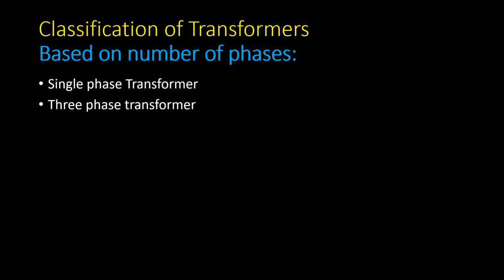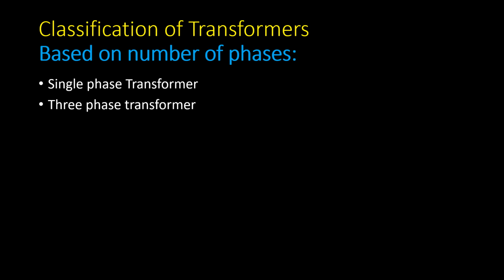Now, classification of transformers based on number of phases. If your requirement is just single phase supply and you need to either step up or step down the voltage level as per your utility, then you need single phase transformers. And if you are utilizing three phase supply and your requirement is to step up or step down the voltage, then you need three phase transformers.